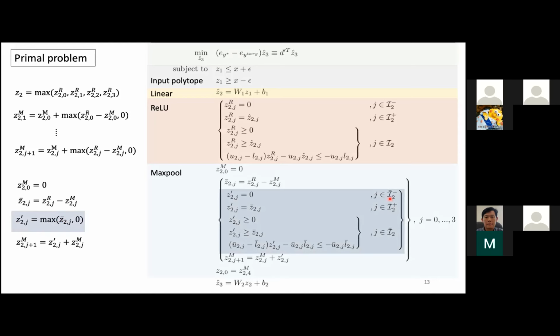So here we can see that we have the 3 sets to describe the relationship between the Li bar and the Li prime 2. Then finally, we add the Li n to the Li prime to get a new Li n. So here we have the constraint.